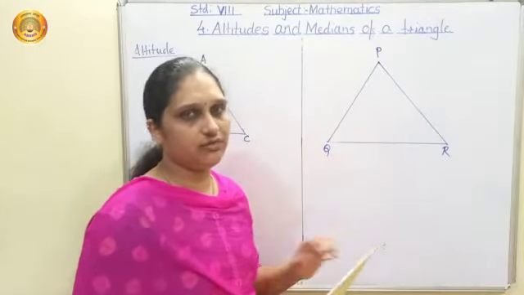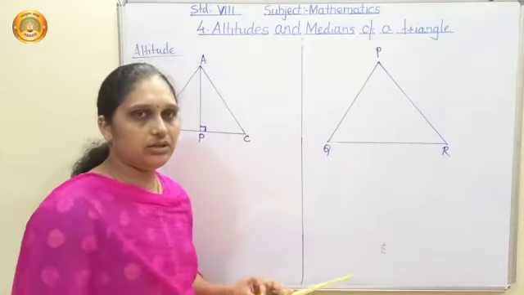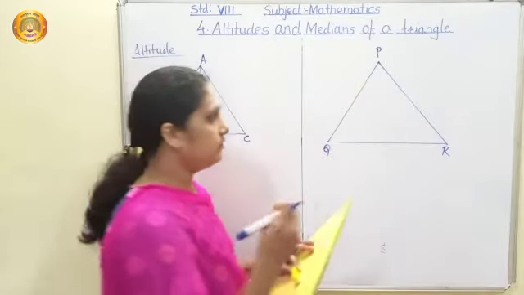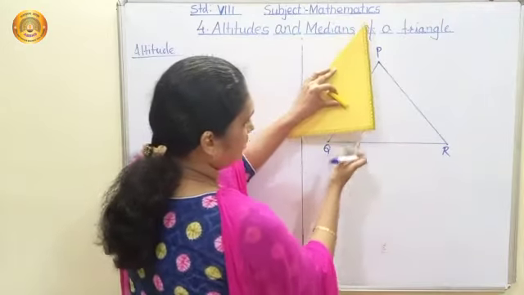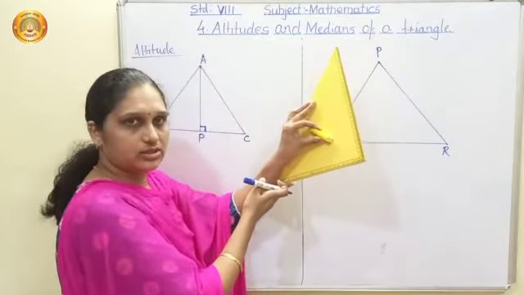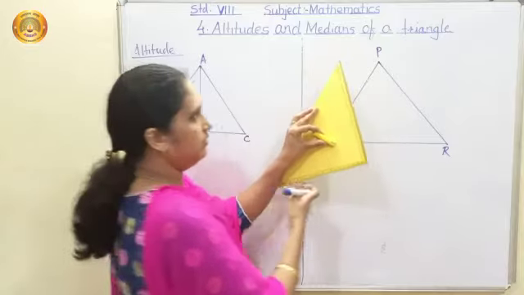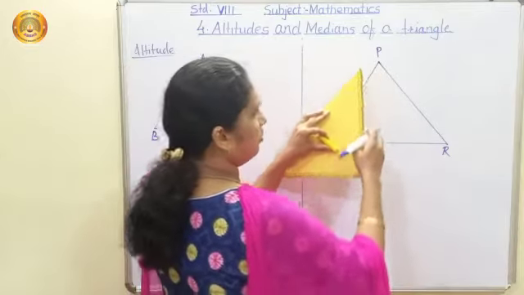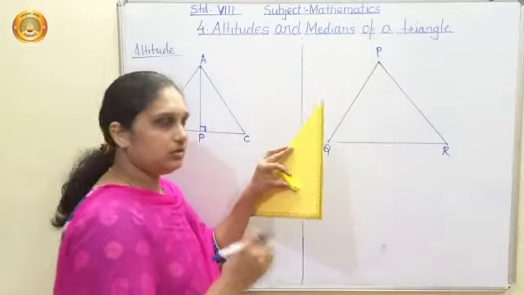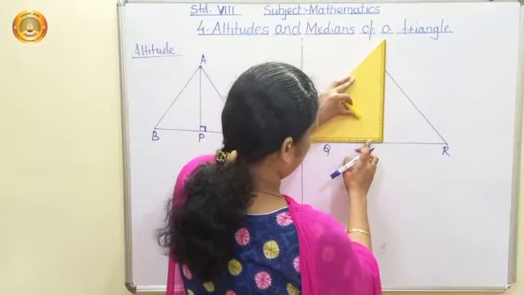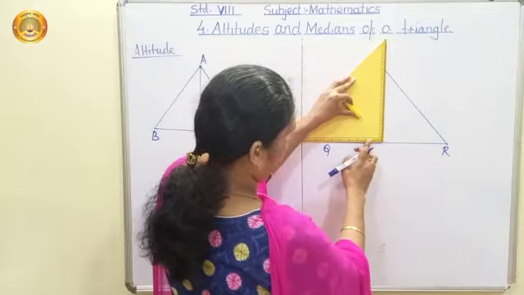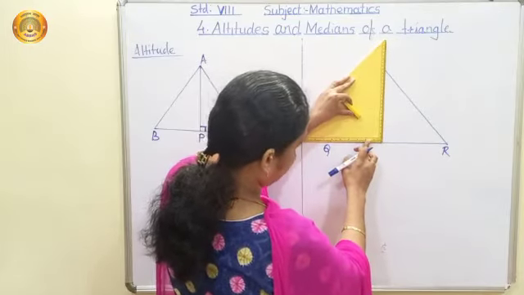So just now we have done one activity. Same like that activity, we have to draw the perpendicular. So now see, QR is along one side of your right angle and point P is along the other side of your right angle. So here see, I'll keep the set square like this. Exactly match.